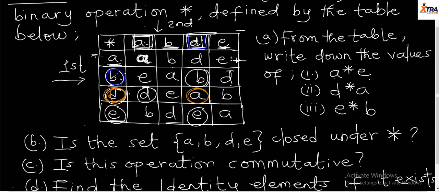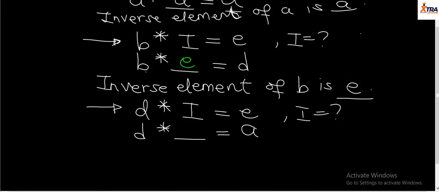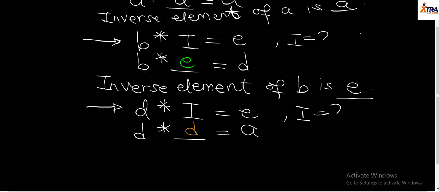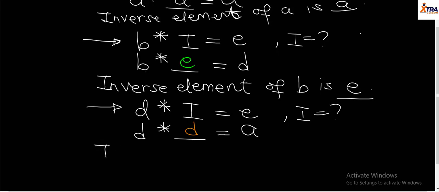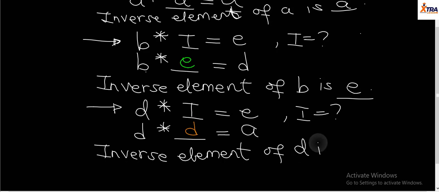Now the only way we operate D with something that will give us A here will be also D. So that is the only value that you operate with D that will give you A. So you know D operation D is going to give you A. So you know definitely the inverse element of D is actually D here. So I say the inverse element of D is D.